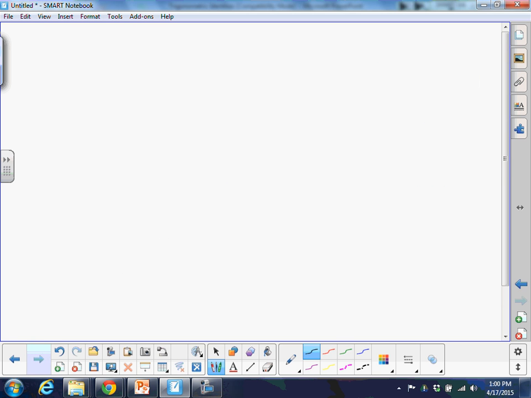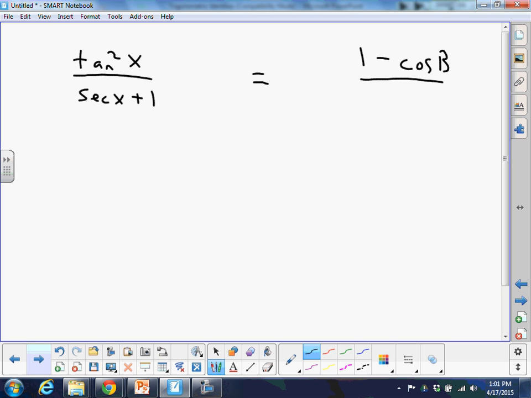Okay, and the last identity was tan squared x over secant x plus 1. And the other side is 1 minus cosine of b over cosine of b. Okay, and like most of these problems, this one has multiple options. For whatever reason, I always tend to start on the left side.